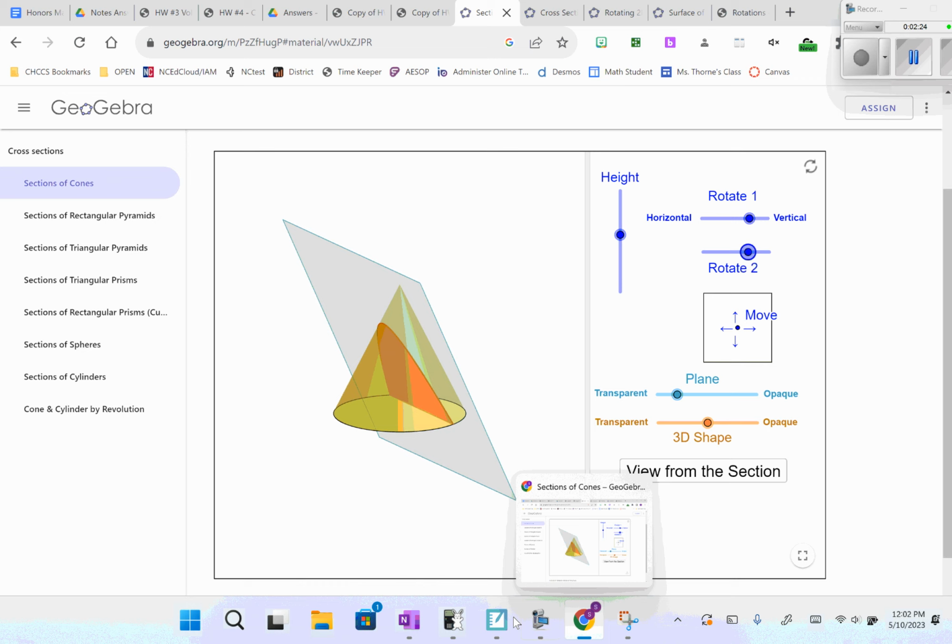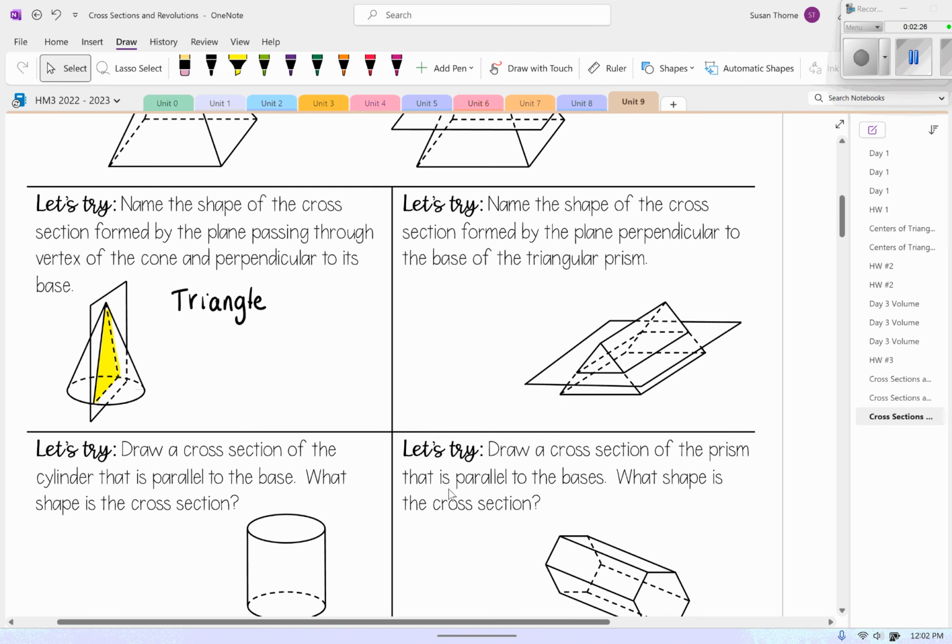So going back to our notes, it says, let's try, name the shape of the cross section formed by the plane perpendicular to the base of the triangular prism. So here you can see the base looks rectangular. I'm sorry, the base is triangular, but it's on its side for the prism.